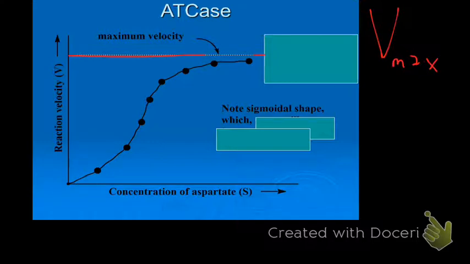Now, if you notice, ATCase is sigmoidal. Where have we seen that sigmoidal shape before? Hemoglobin binding. And so what does that mean? It's cooperative.